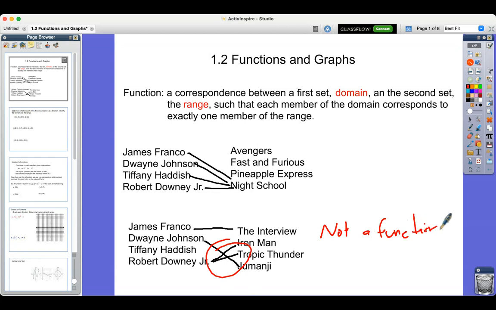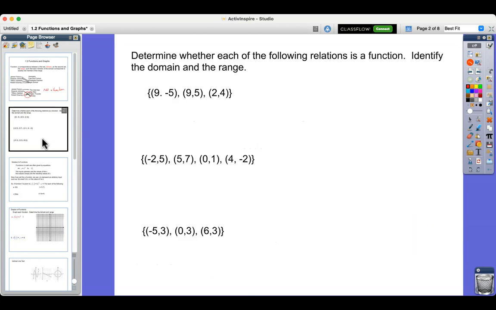So as you're given a set of numbers, as we're about to do right here, you're going to determine if this relation of domain to range is a function, yes or no. Like we said, our domain here will be 9. You only write one of these. There are two 9s right here, so we write 9 once, 9 and 2, our x values.